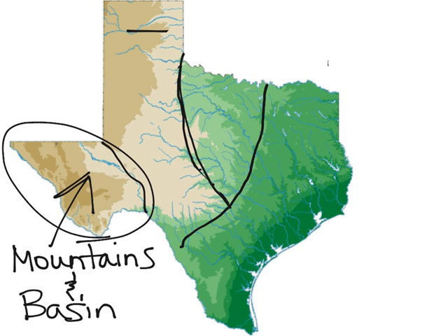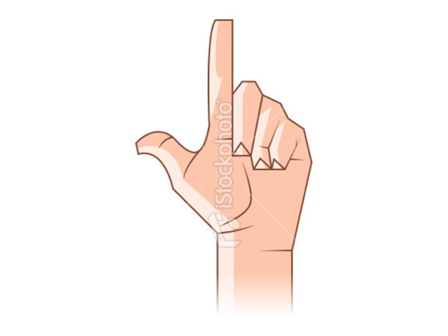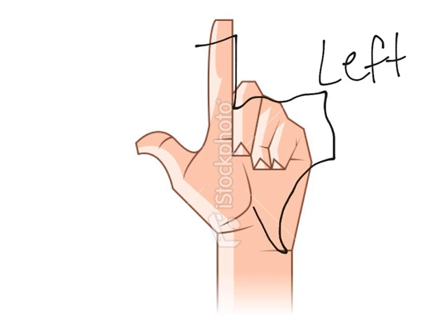Okay, so let's take a look at how you can remember these 4 regions using a hand signal. Take your left hand and point it towards the ceiling with your palm facing you. Keep your thumb sticking out. Now, if you look at your hand the way that it's situated, it kind of looks like the state of Texas a little bit, right?